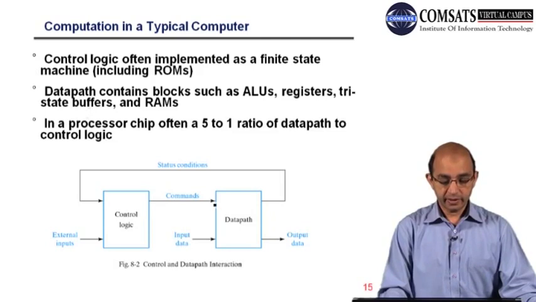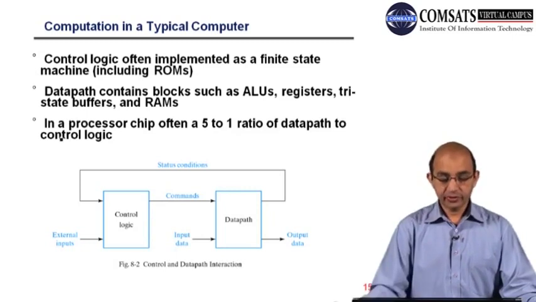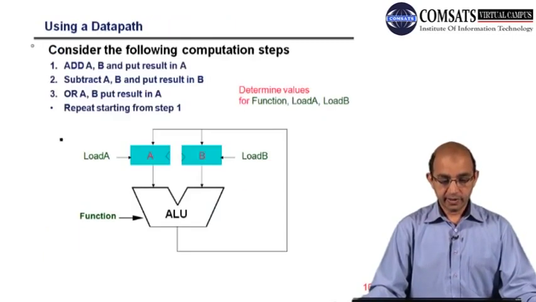The data path on the other side includes ALUs, registers, tri-state buffers, and RAMs. So the ratio is 5 to 1, data path to the control logic. So it means the data path is on the higher side.